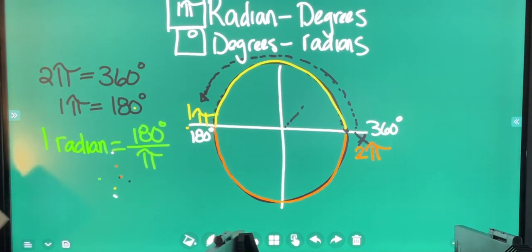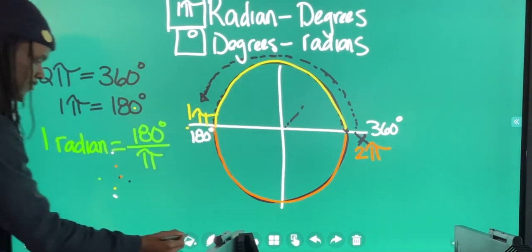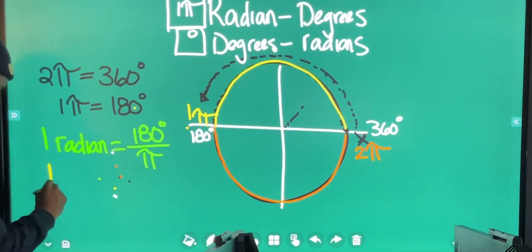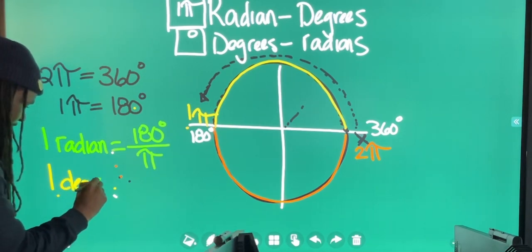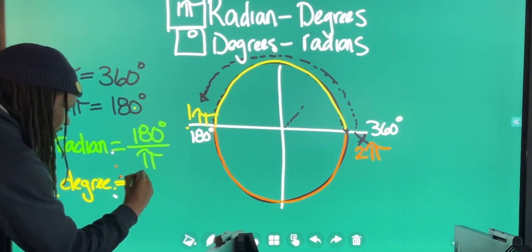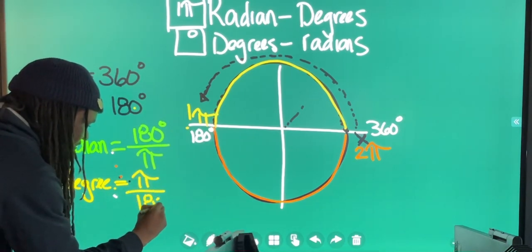So 1 radian equals 180 degrees over pi. This also means that a degree equals pi over 180.